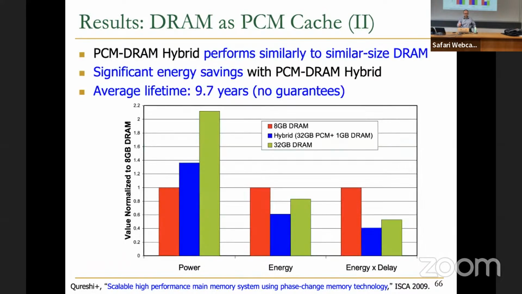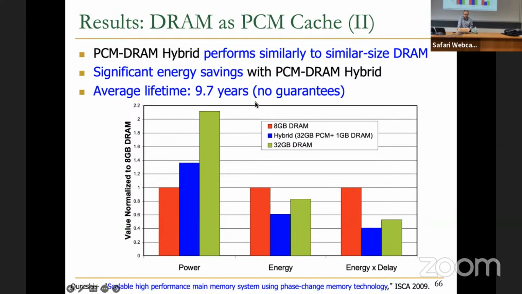Okay, great. Here we also discuss power, energy, and lifetime. You can see that the hybrid design provides better energy consumption and better energy delay, a kind of energy efficiency metric. The average lifetime is also around 10 years.